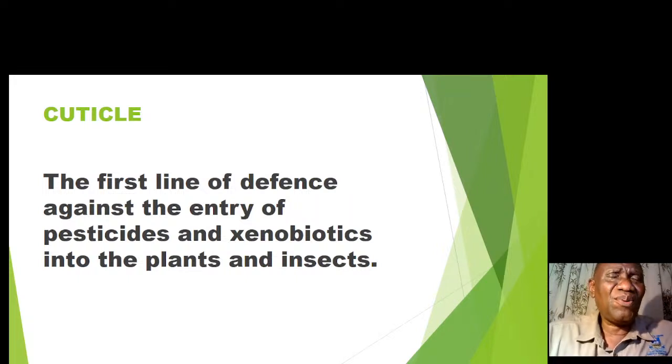So what we should note is that the cuticle is the first line of defense against the entry of pesticides and xenobiotics into the plants and insects. And to some extent, the cuticle can cause resistance to the pesticides, either in plants or in insect pests.